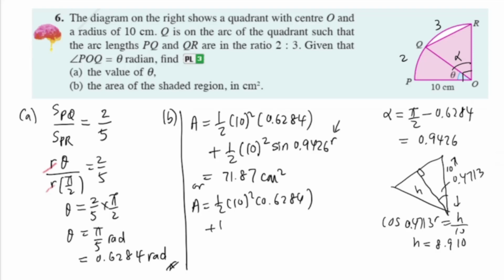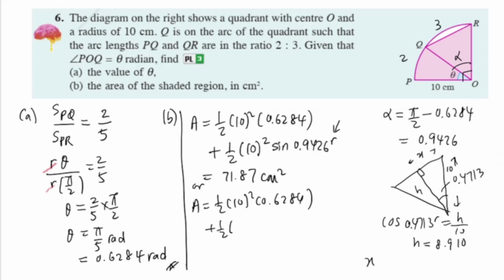plus half times base times height. Well, your base, oh, see, you have to find your height. Yeah, it's very long. This is your height. You don't know what's your base. Your base, you can use sine or you can use Pythagoras theorem. If I use Pythagoras, let me call this x.